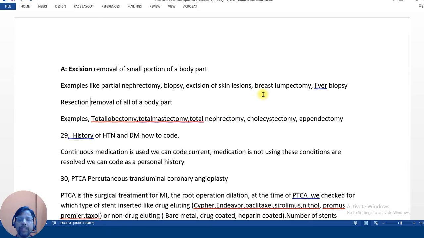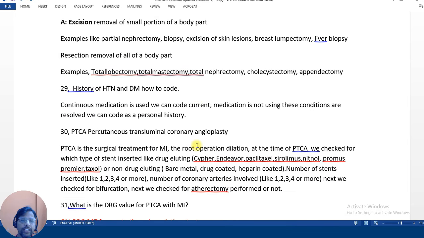Whereas in a breast lumpectomy, only part of the breast is removed, which comes under excision. So what are the examples for resection? Total lobectomy, total mastectomy, total nephrectomy, cholecystectomy and appendectomy. These are the examples for resection where the complete organ is removed.